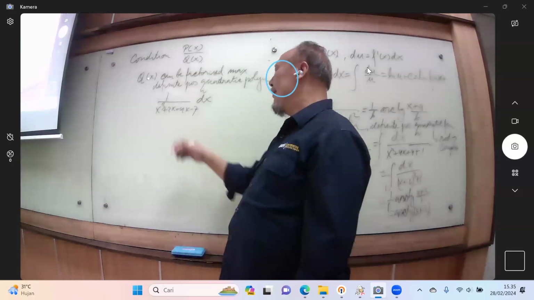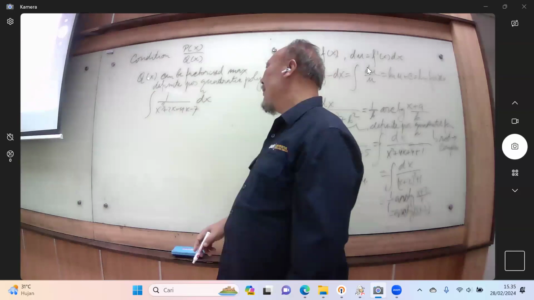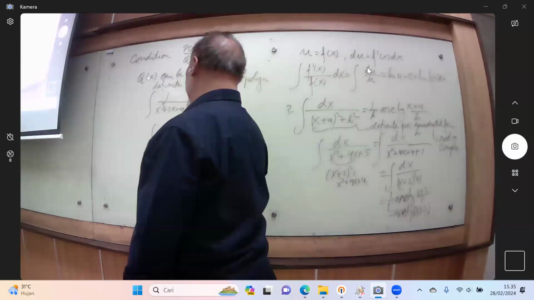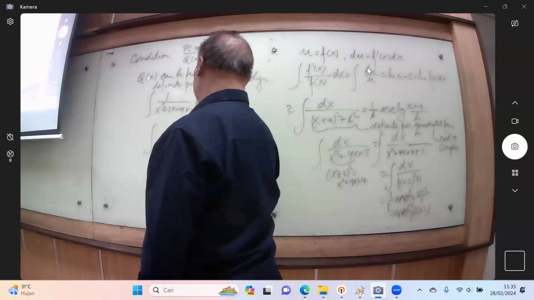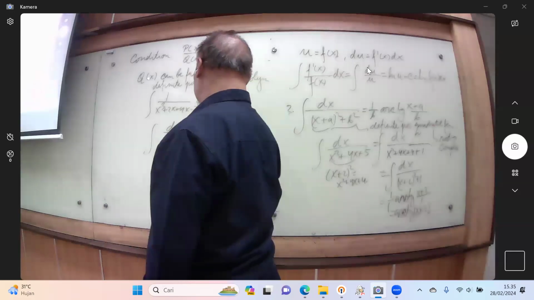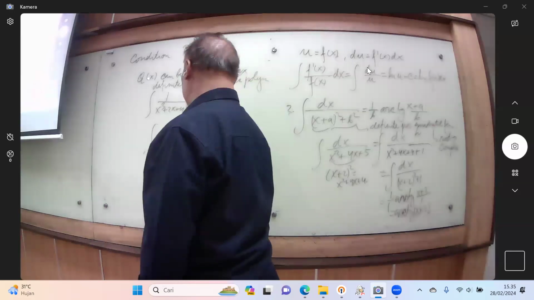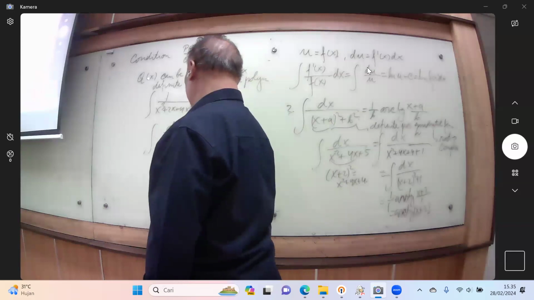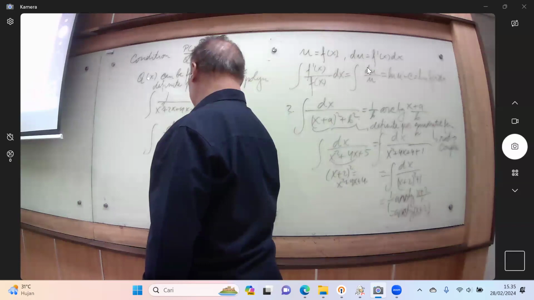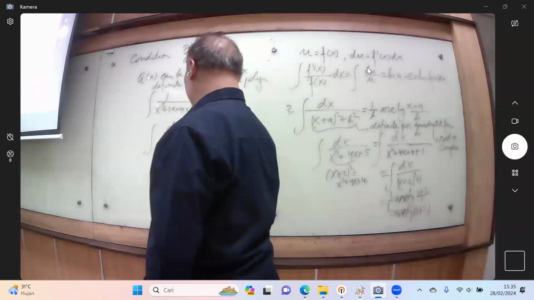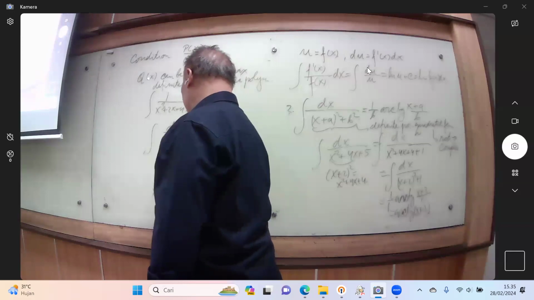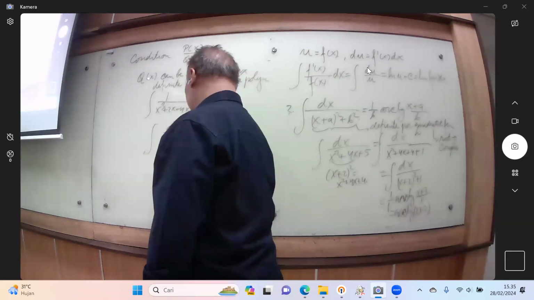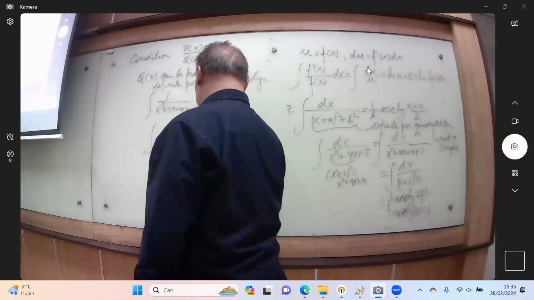So for example, we can have dx divided by x to the power of 4 minus 16. Now we can factorize the denominator. Remember that x squared minus a squared equals (x minus a)(x plus a).